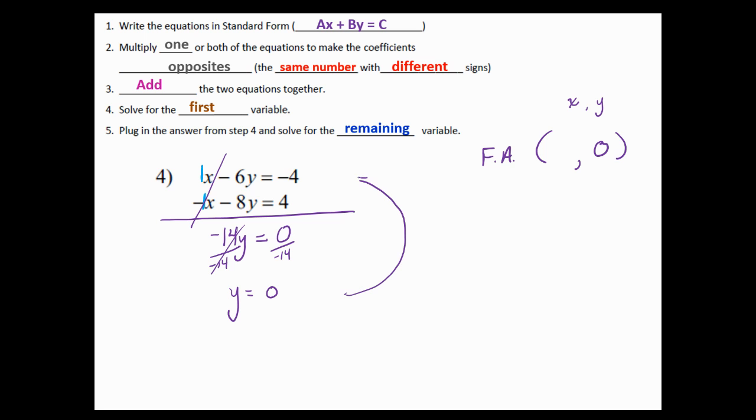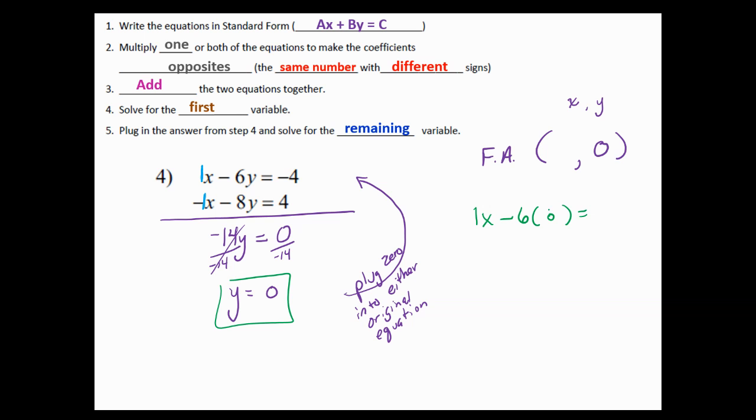And we're going to take that and plug it back in. So you're going to plug 0 into either original equation. It doesn't matter, and 0 is easy to work with. So again, we'll just pick the top one because that's what most students do. So 1x minus 6 times 0, because the y is 0, right? So I'll plug that in, equals negative 4.